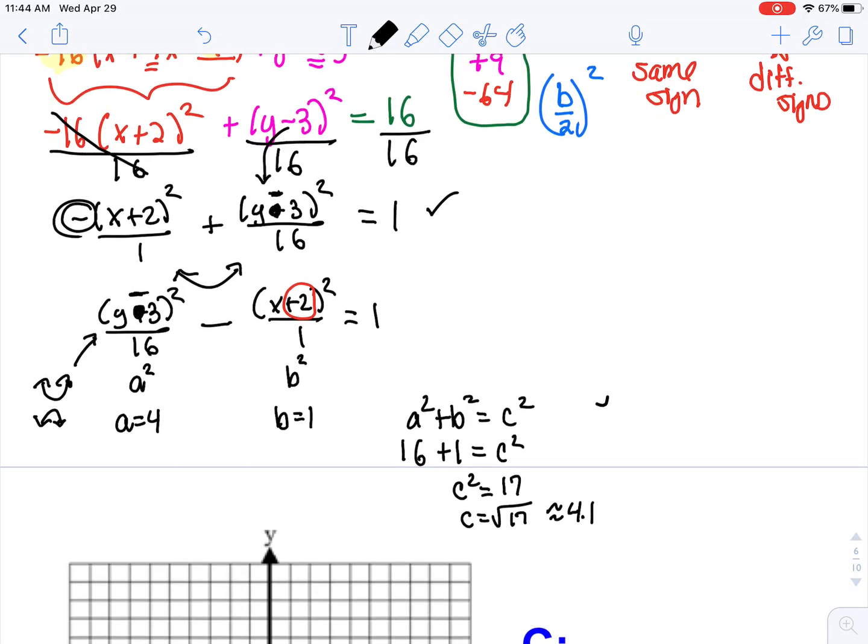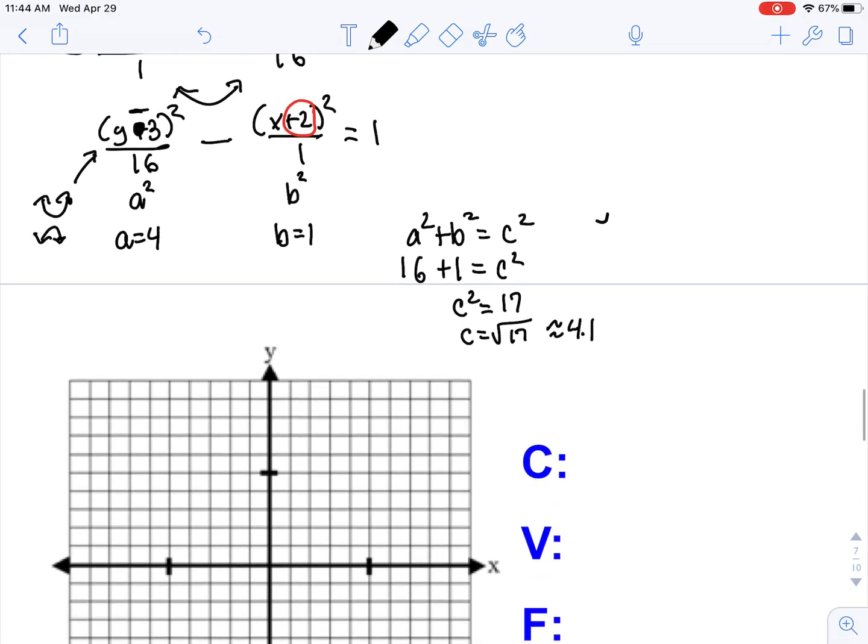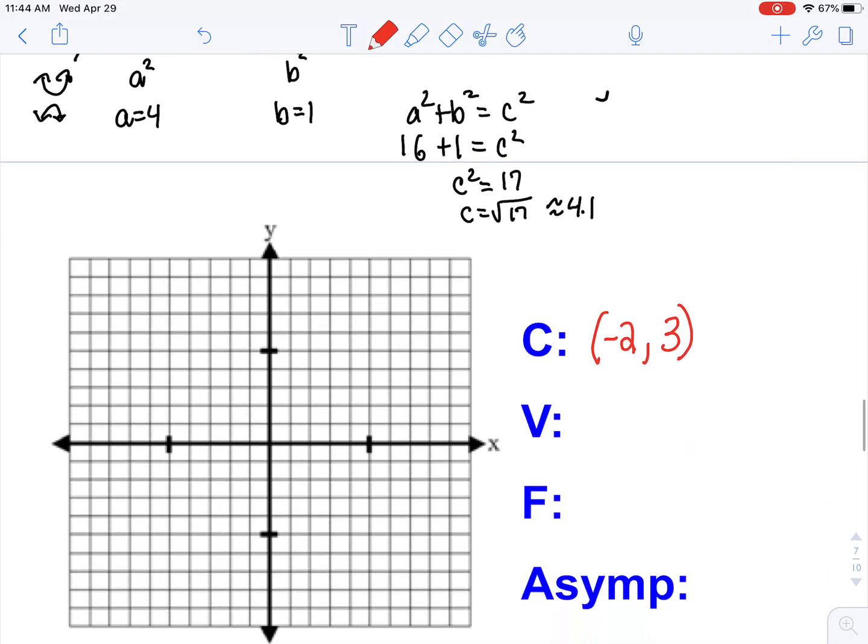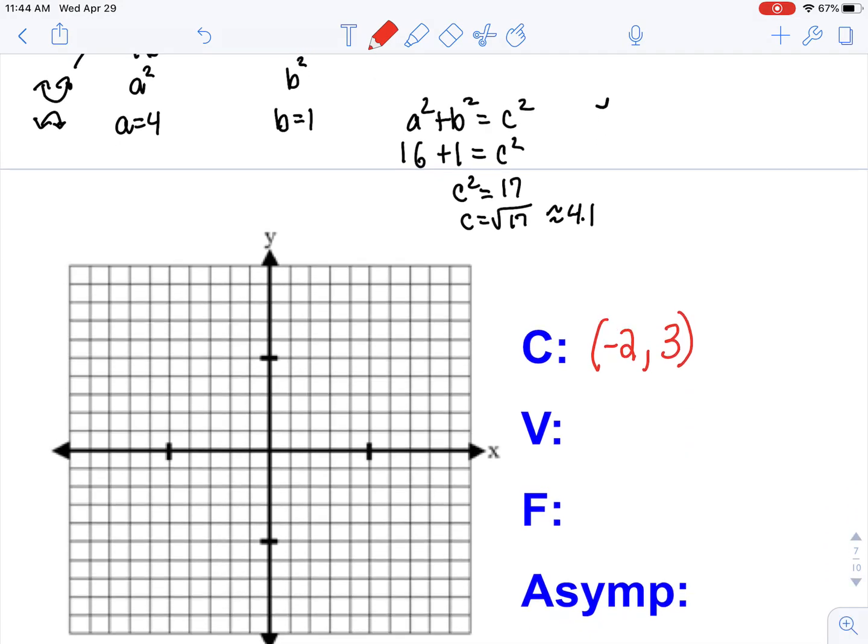X's look correct. So for my center point, we can see that we have an x plus 2. That means that my center point has an x value of negative 2. For the y's, I did subtract 3, so my y value will remain 3. I've got my center. And if I plot that center right away, negative 2, 3, puts me right here.